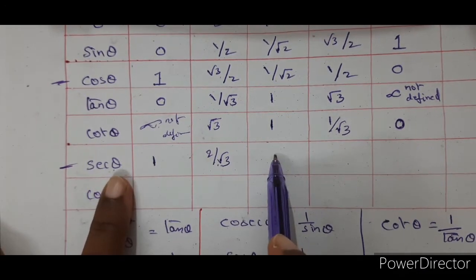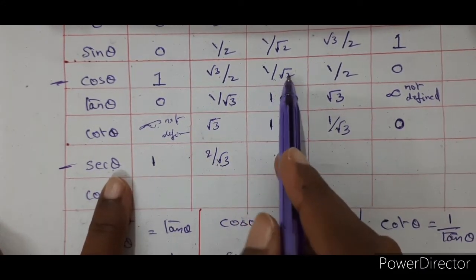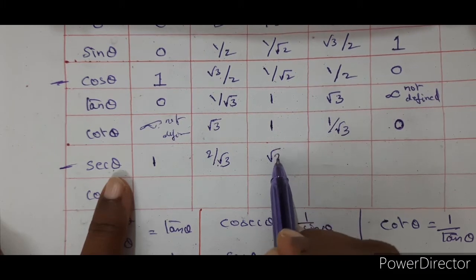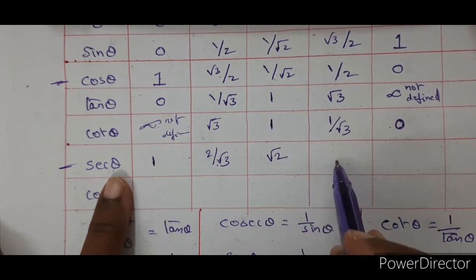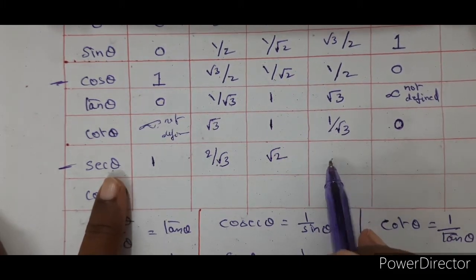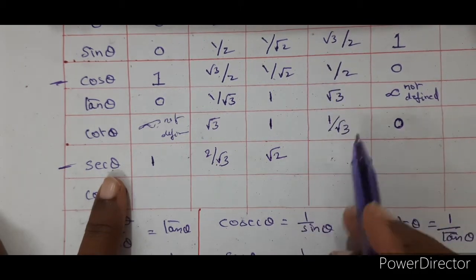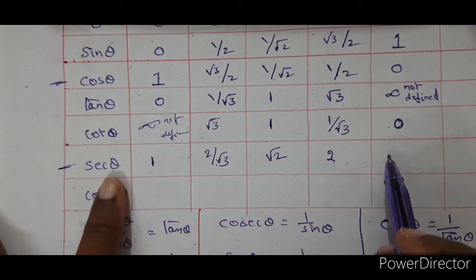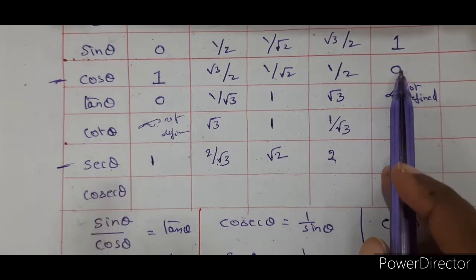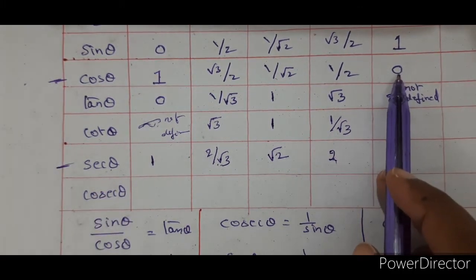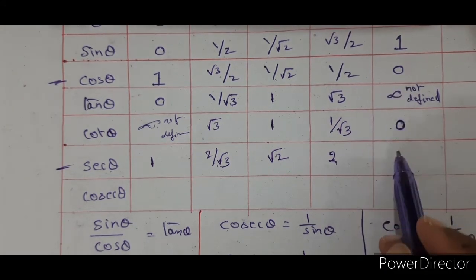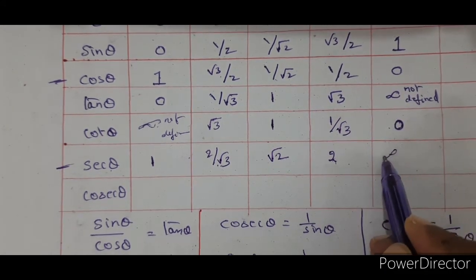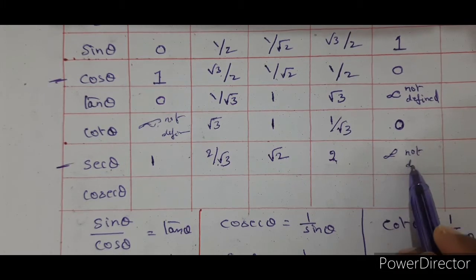Secant 45 degrees is the reciprocal of cos 45, 1 by root 2, the reciprocal is root 2. Secant 60 degrees is the reciprocal of cos 60, cos 60 is 1 by 2, so it is 2. Secant 90 is the reciprocal of cos 90, so that means 1 by 0, that is infinity, or what we call not defined.